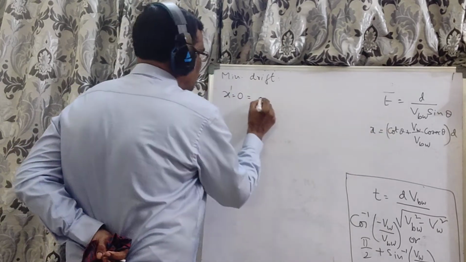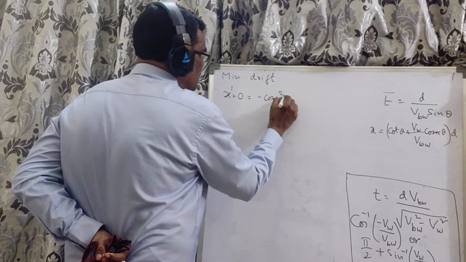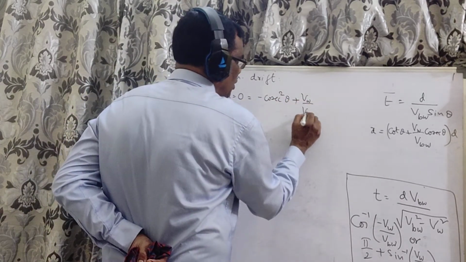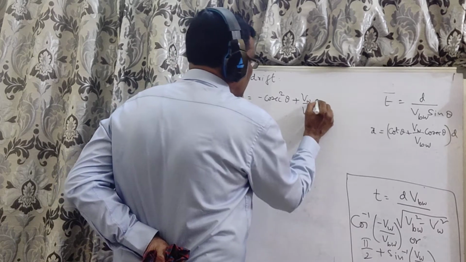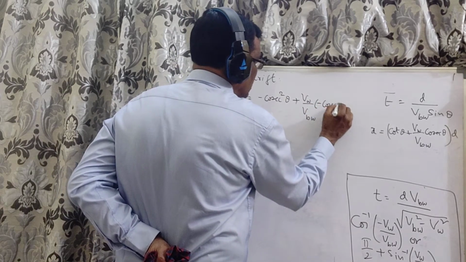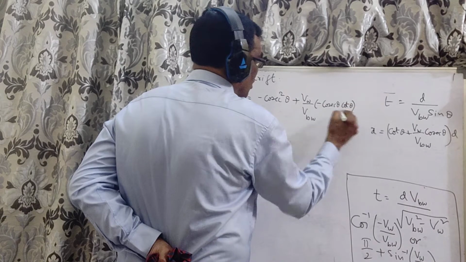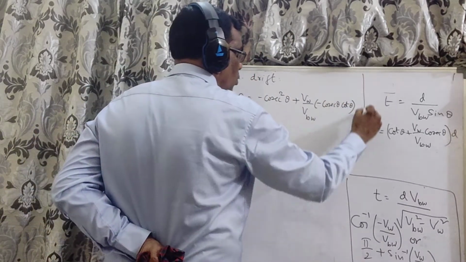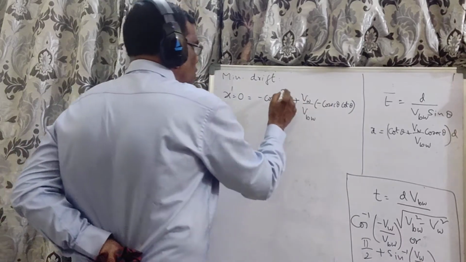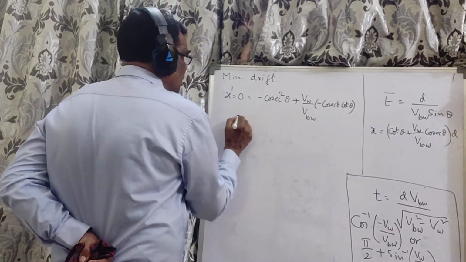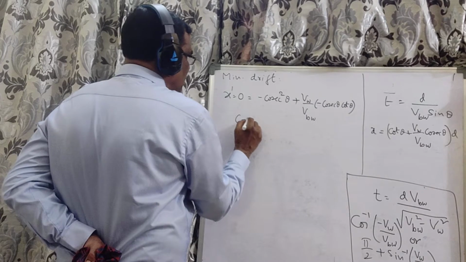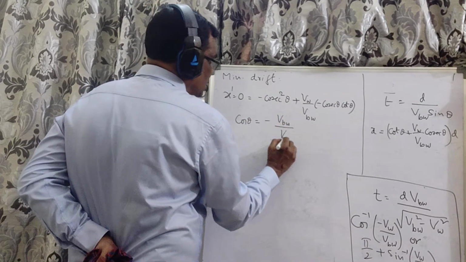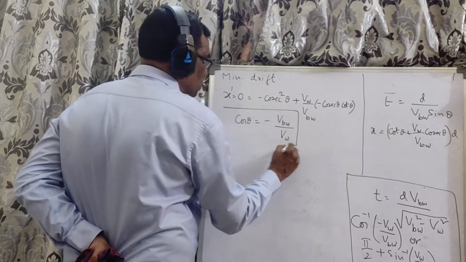Therefore, minus cosecant square theta plus VW by VBW into minus cosecant theta cot theta equals zero. Now one cosecant theta gets cancelled. So you get cos theta is equal to, very interesting result you get.